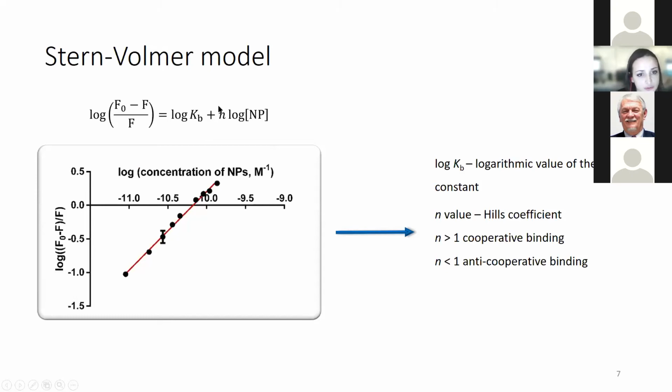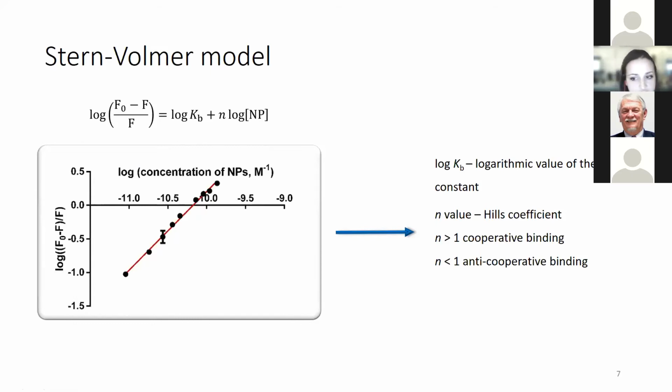After that, you use this logarithmic plot, and from this linear curve, you determine the intercept and slope. The slope is the Hill's coefficient, and the intercept is the logarithmic value of the binding constant, so you can get the binding constant between nanoparticles and proteins.